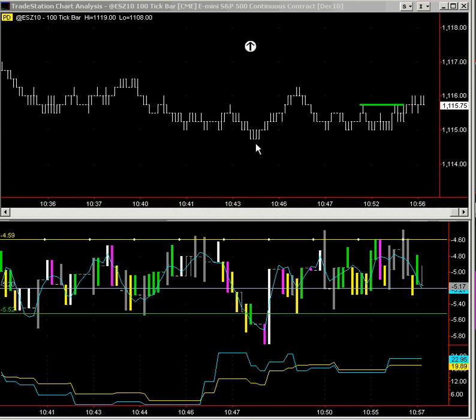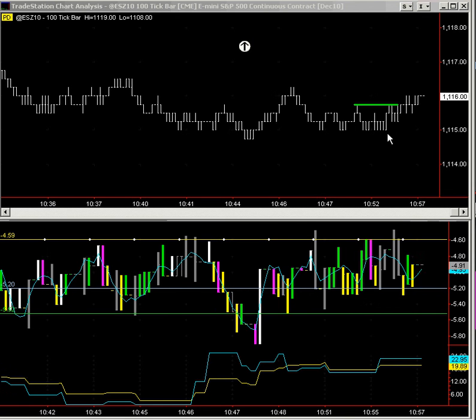Now, incidentally, all of the other indicators that we watch, standard indicators that you've seen for years, all those indicators are positive right now. All of them indicate that we should be long. And there's confirmation.